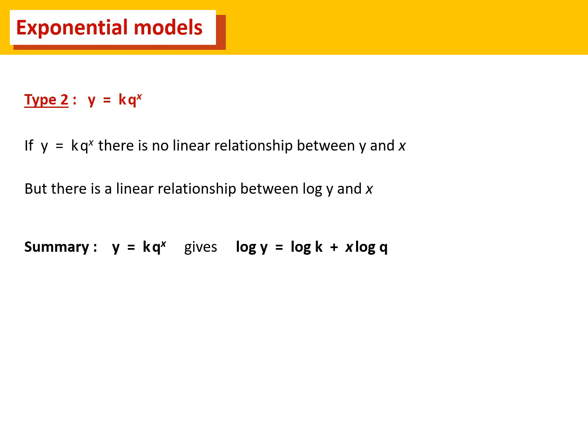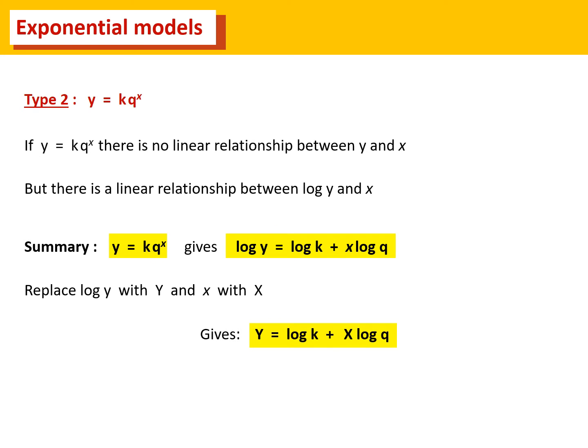So if we have this relationship where x is the power, then we take logs of both sides and replace log y with y and x with x, we end up with that linear relationship there. So again, that's the summary of the 3 bits. That's our original relationship.